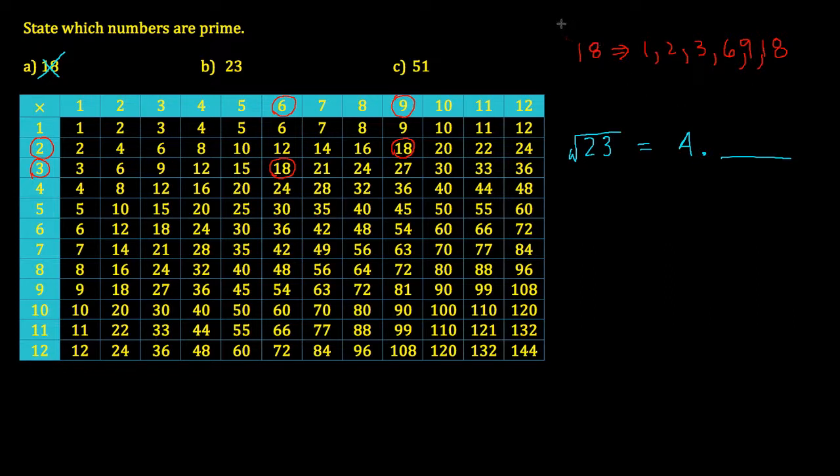Now you'll notice something very interesting about this. The square root of 18, well, coincidentally, is also 4 point something. If we were to locate that amongst the factors, 4 point something lies in here. This is where the square root of 18 lies.